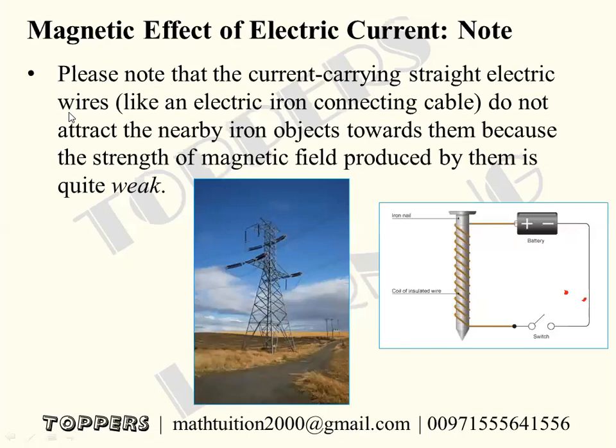Now note that current carrying straight electric wires, like an electric iron connecting cable, do not attract nearby iron objects towards them because the strength of the magnetic field produced by them is quite weak. So don't think that whenever current is passing, the nearby magnetic materials, iron, cobalt, nickel, steel, will be attracted.